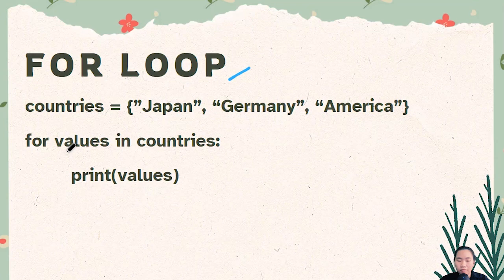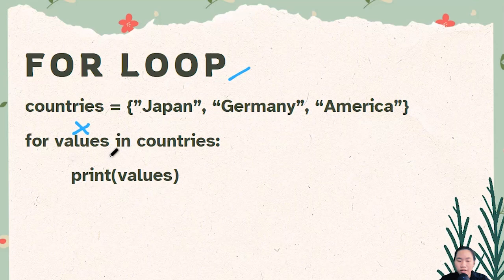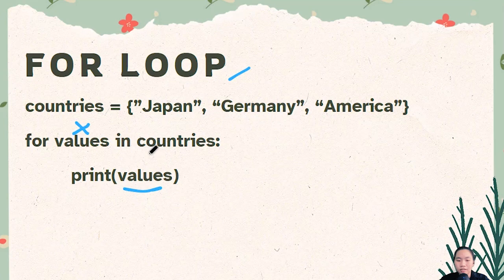And I'm using values in place of X or Y or Z or anything for that matter, because values is just a placeholder. For values in countries, print values, aka print all of the values that are in the set countries. So Japan, Germany, and America.